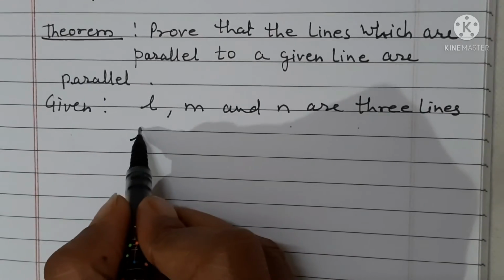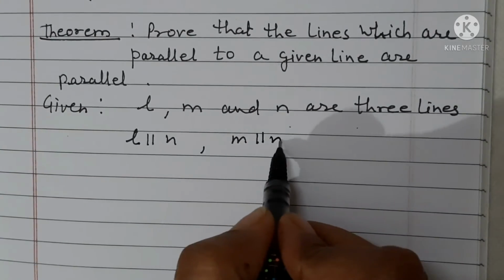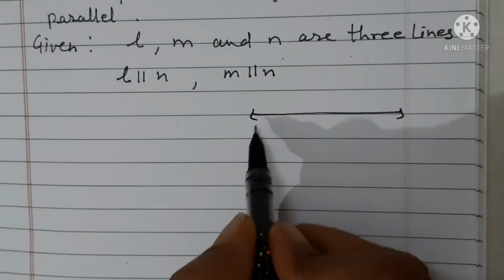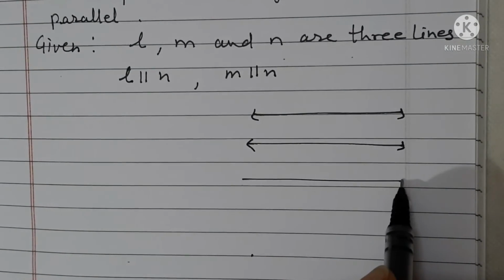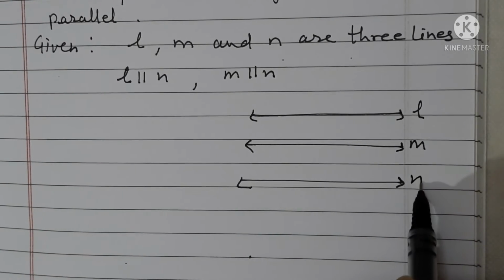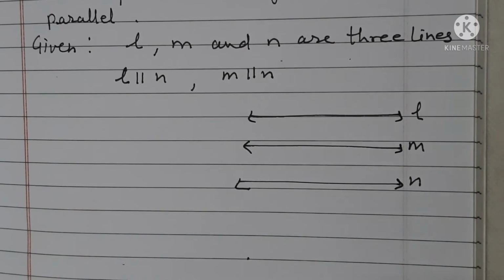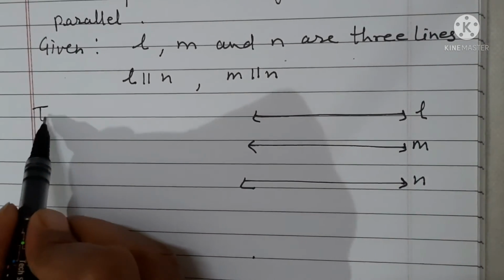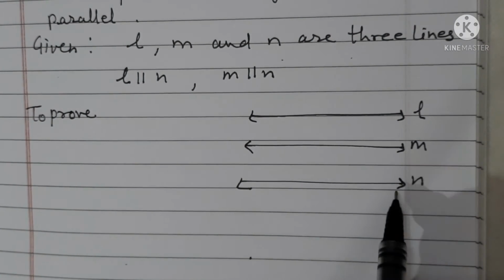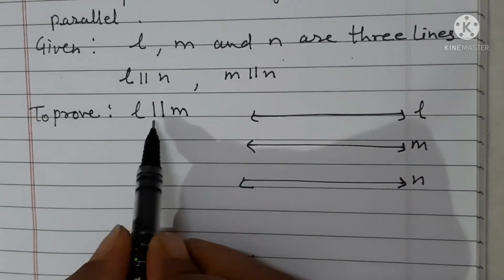It means L is parallel to N and M is parallel to N. We have to prove that L is parallel to M.